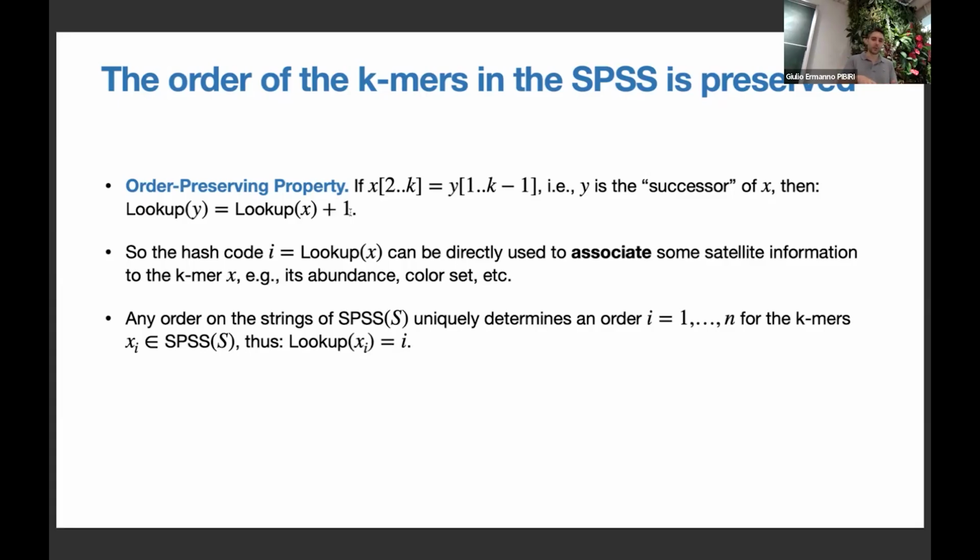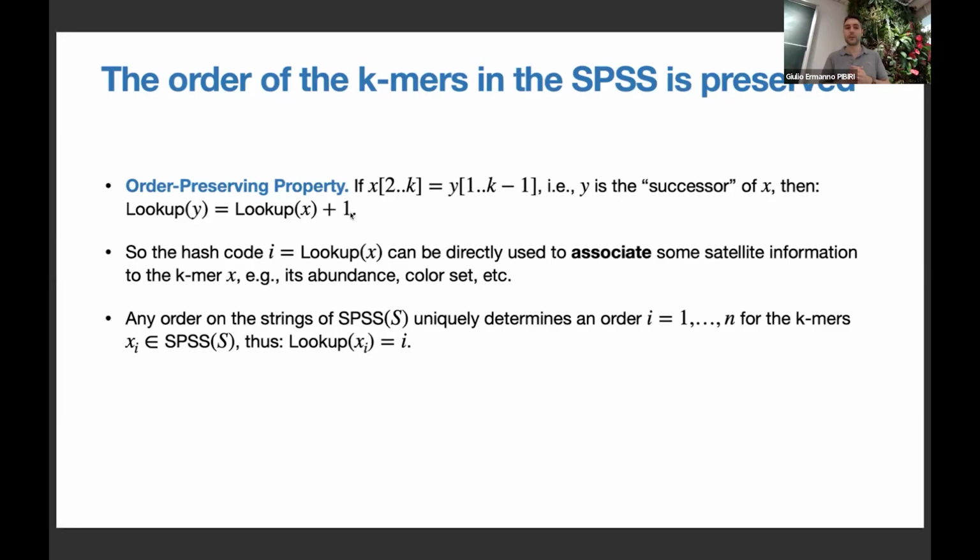So we cluster all the abundances, we cluster all the color sets, and of course, every time you have clustered data and sorted data, people doing data compression are very, very happy. They tend to smile a lot, because if you have clusters of equal values, like runs of equal values, they can be compressed very well.